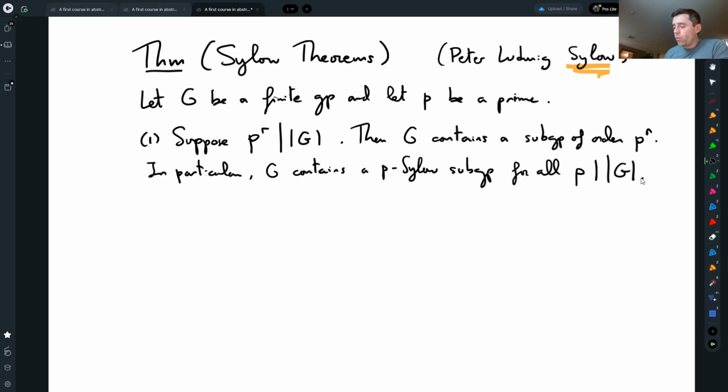So what about the second Sylow theorem? It is going to tell me what happens if there is more than one P-Sylow. There is a relationship among them.